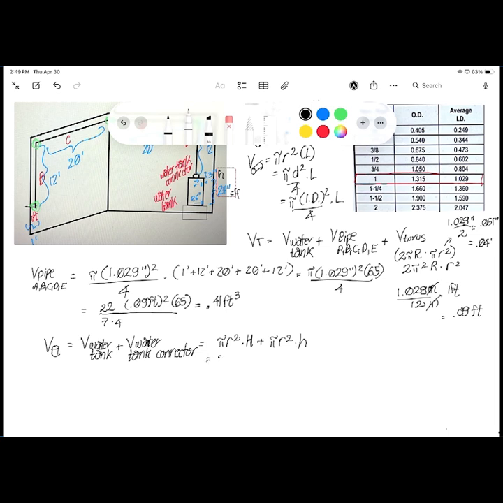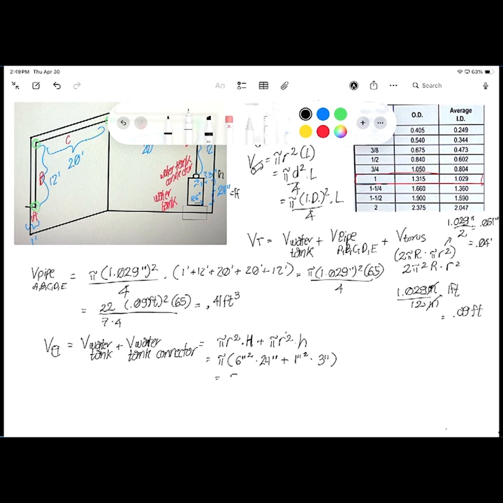And that's equal to pi times 6 inches squared times 24 inches plus 1 inch squared times 3 inches.